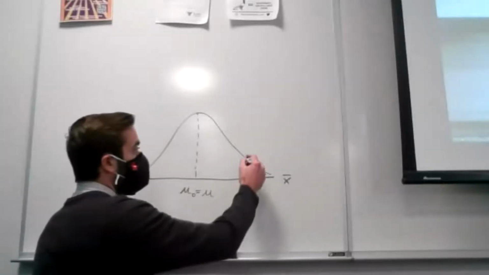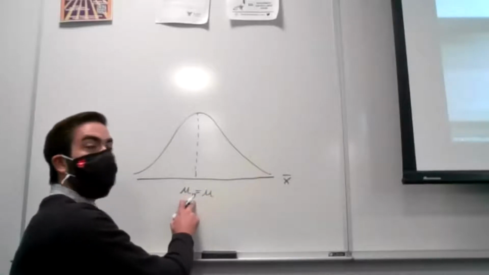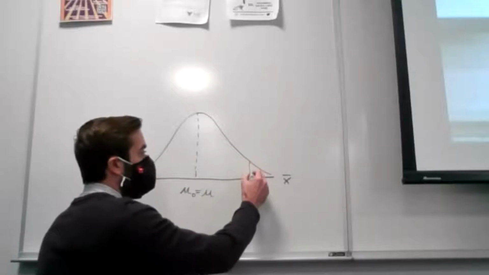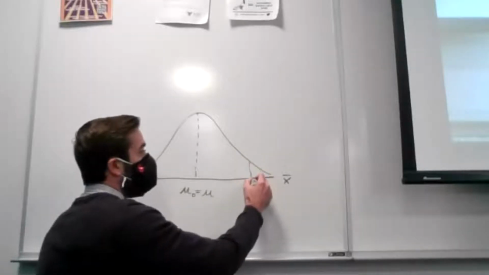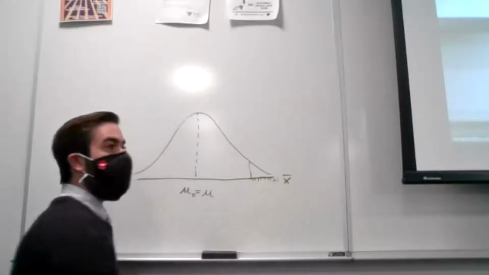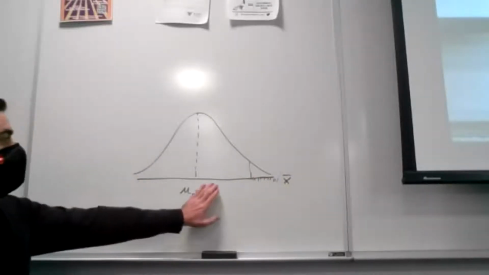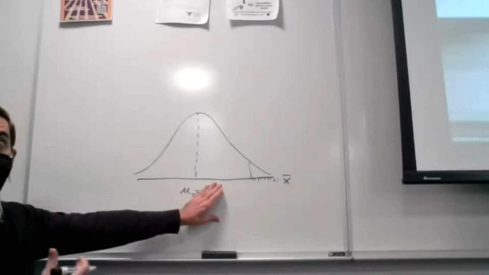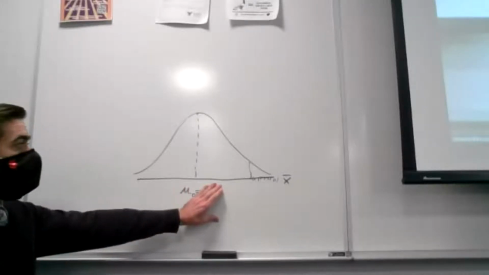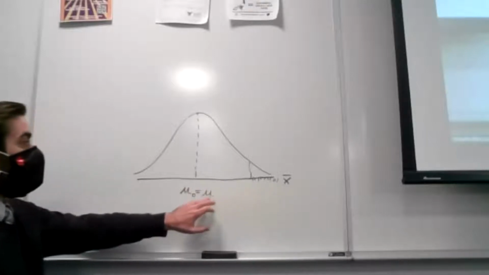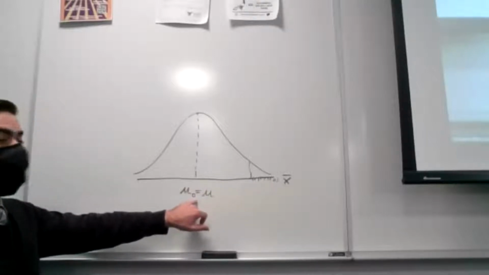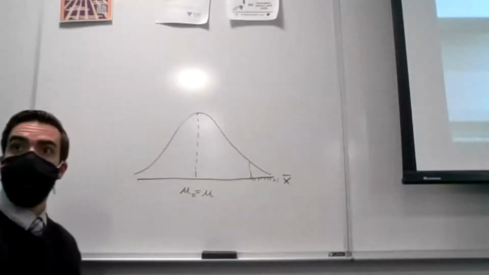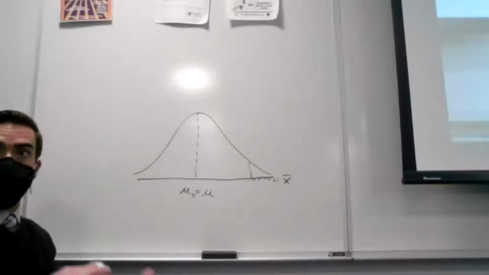So what we're saying is, look, even if what we assume to be true was in fact the true mean, if I see a sample mean anywhere in this range, and I'm not able to verify that this is in fact the true population mean, it's just what I'm assuming it is. Well, if I see anything out here, it would be very, very unlikely that this was the true mean, because the probability of seeing something this far away from the true mean would be a really small probability.